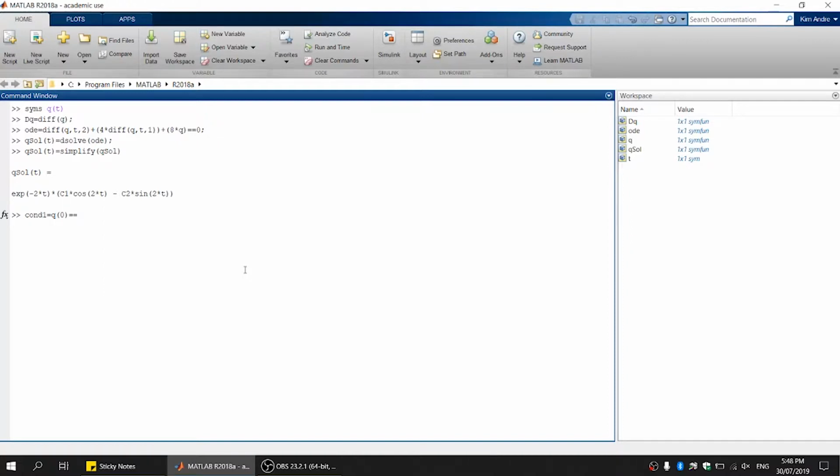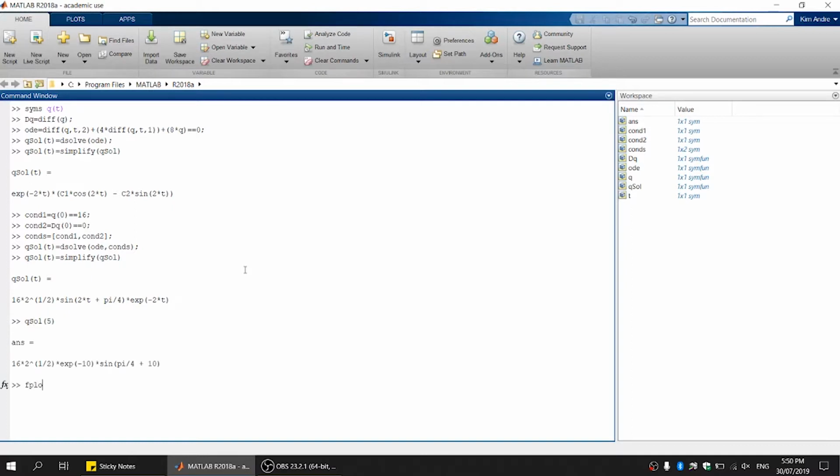The initial conditions must also be declared. Upon executing the commands for the initial conditions, MATLAB will provide the particular solution which corresponds to the constants.